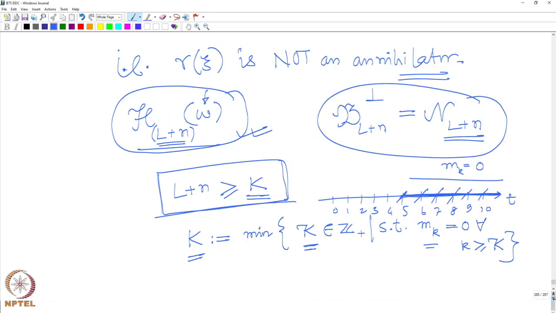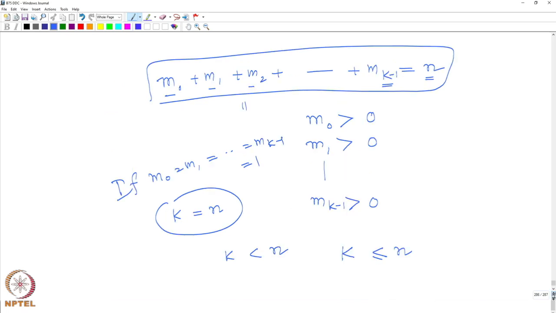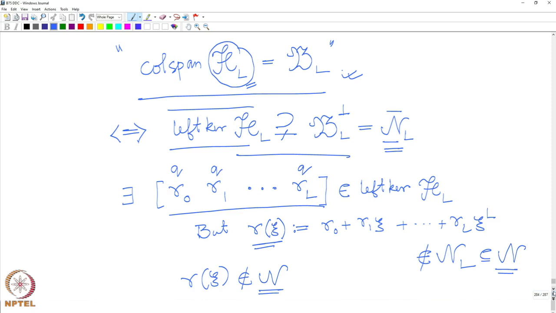So, if it is in the left kernel of HL, then notice that if I look at R xi, xi times R xi, all the way up to xi to the power n times R xi, all of these polynomials are coming from R xi and they have degrees.